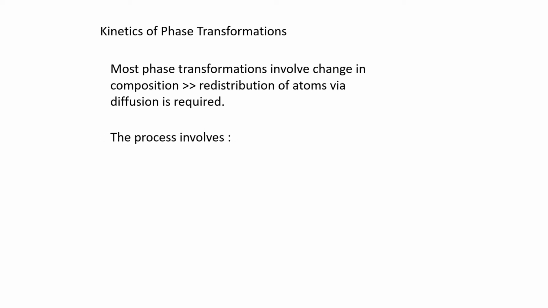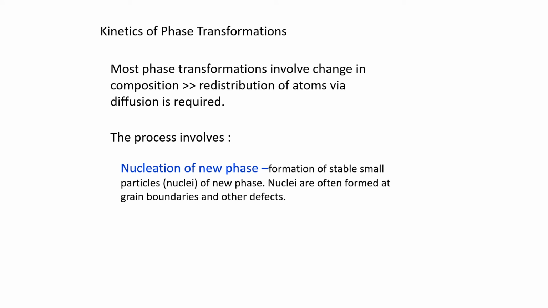This process involves nucleation of new phase, formation of stable small particles, nuclei of new phase. Nuclei are often formed at grain boundaries and other defects. Then growth of the new phase.